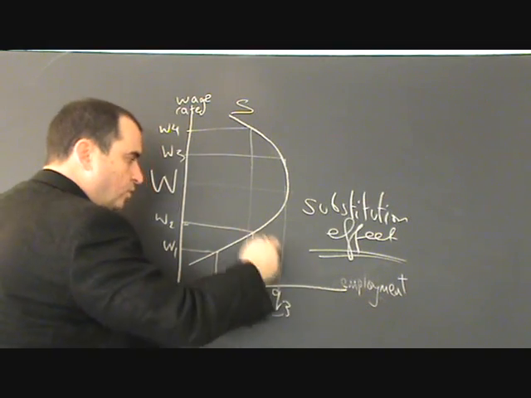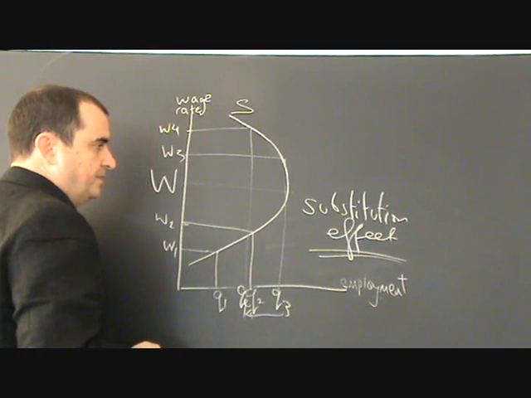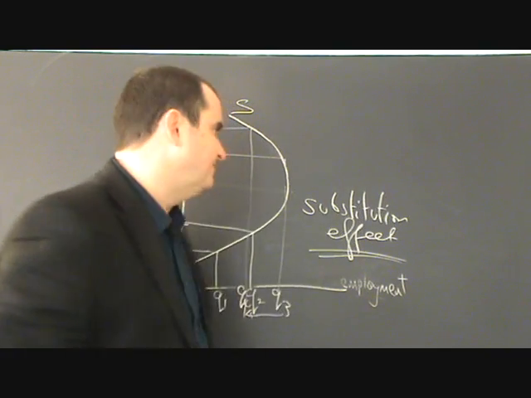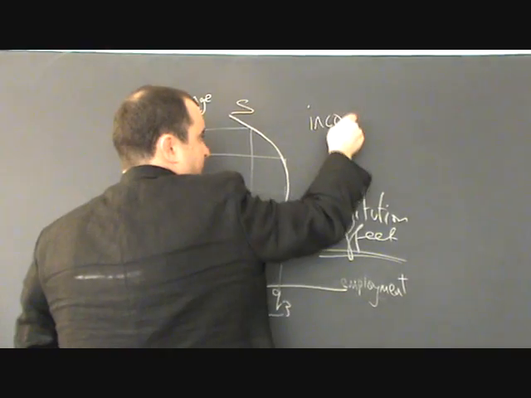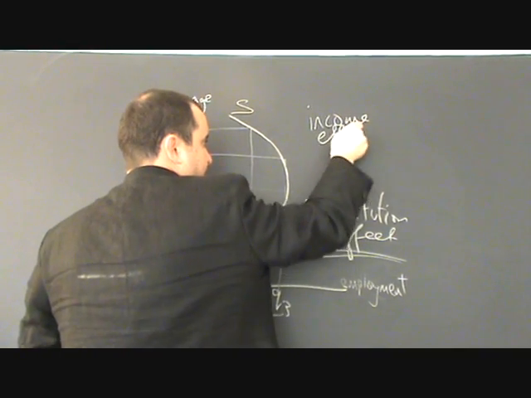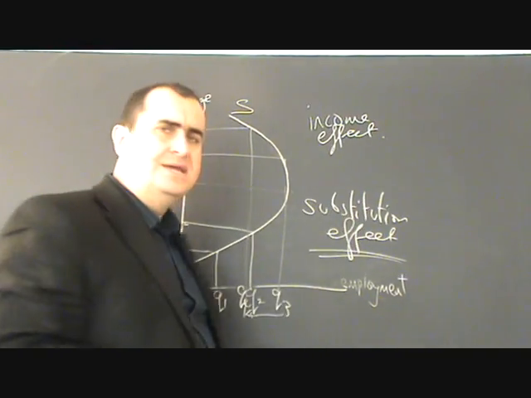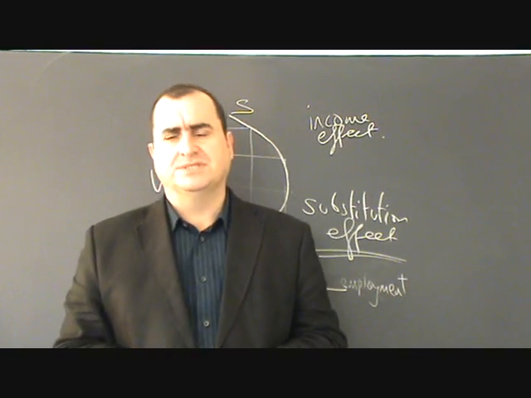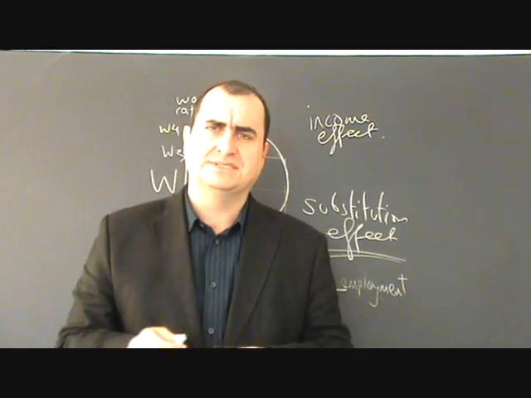and do more work. But there's also another effect going on all the time as well, and that's called the income effect. And I'm going to write that up here, income effect. The income effect works in the opposite direction to the substitution effect. The income effect says something like this.